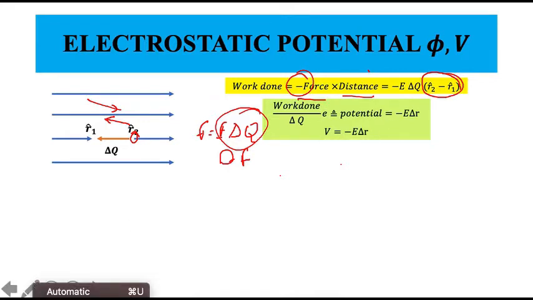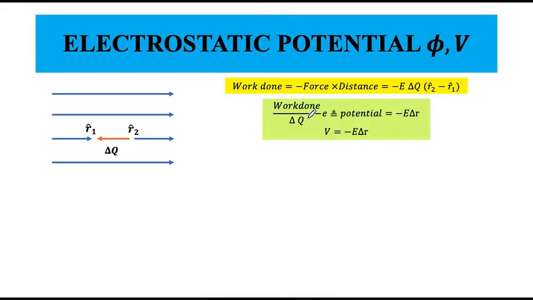I will just clear the screen. So I define this as potential, and that potential will be, this delta Q is not there, so the potential will be equal to minus E delta R. Delta R is the length along which I moved, or the distance I have moved, and this potential can be represented by V. So V is equal to minus E delta R, or sometimes you can see the same thing written as minus E delta X, because this is the XY plane and you can do either.